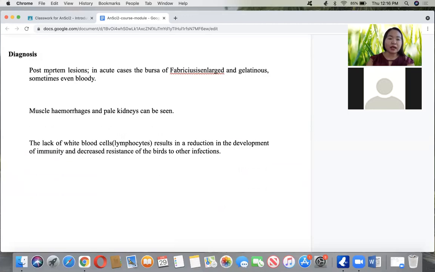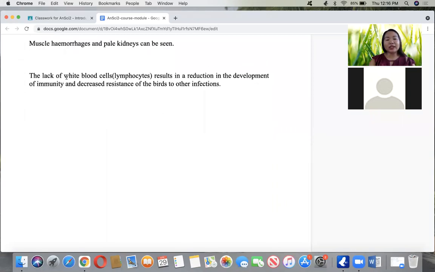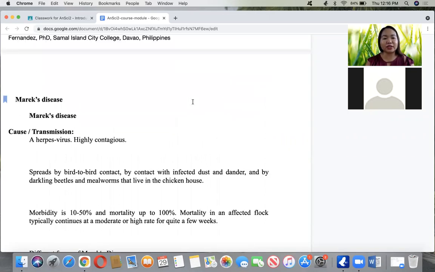So magkakaroon ng post-mortem lesions, or in acute cases the bursa of Fabricius is enlarged and gelatinous, sometimes even bloody. At saka yung muscle hemorrhages and pale kidneys can be seen. And also lack of white blood cells or lymphocytes will result in reduced development of immunity and decreased resistance of birds to other infections.